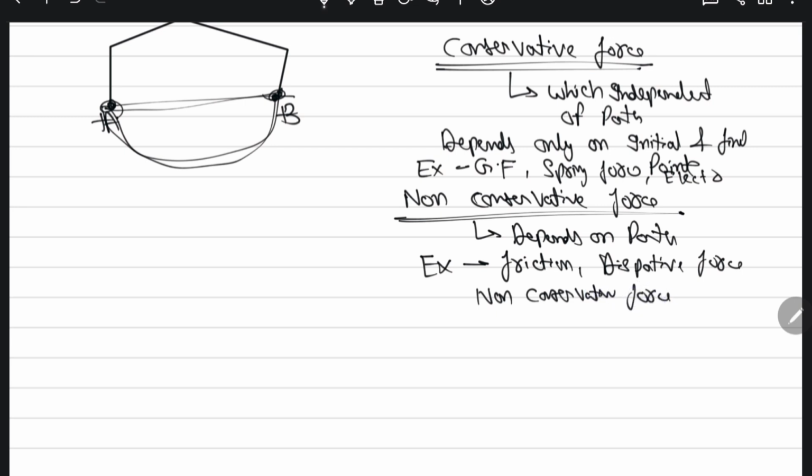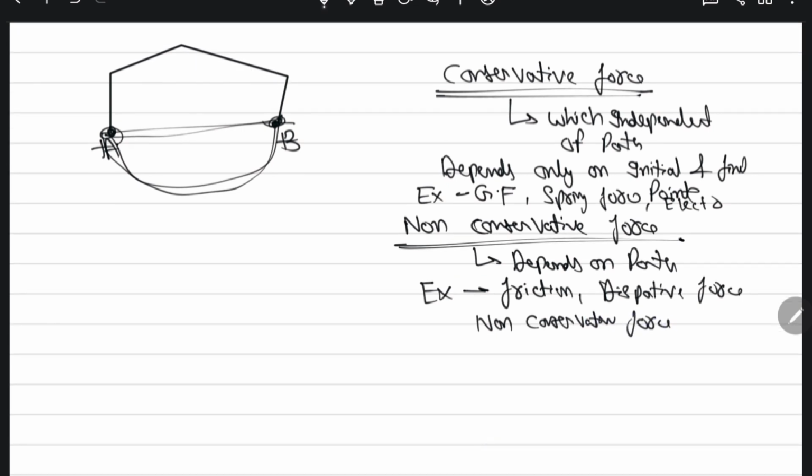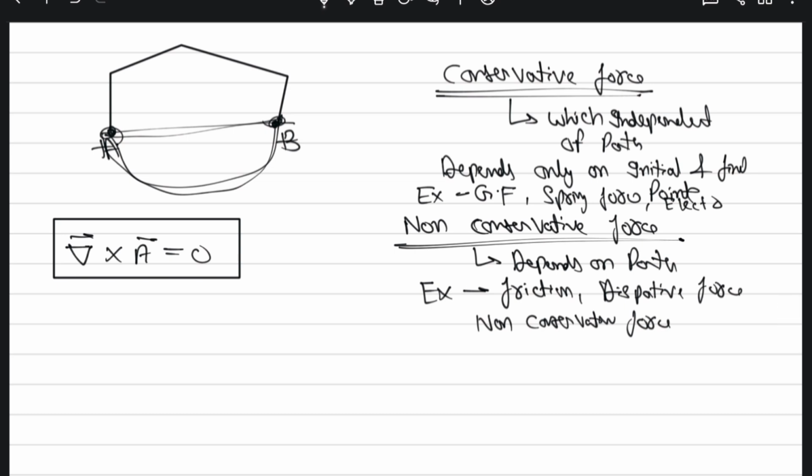One more thing: if your force is conservative, then its curl is zero. Its curl vector comes out to be zero. That means the vector is a function of some scalar potential.